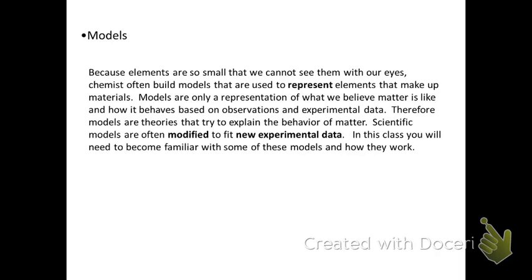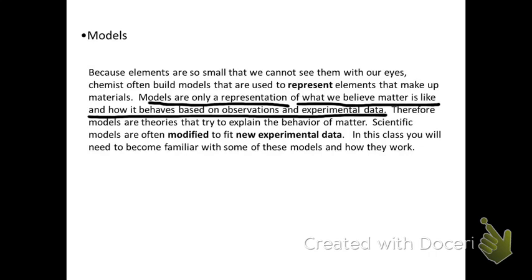So models are representations of what we believe matter is like and how it behaves based on observations and experimental data. And that little statement there that I underlined, I would highlight that in your notes. That's a very important statement to think about what models really are.